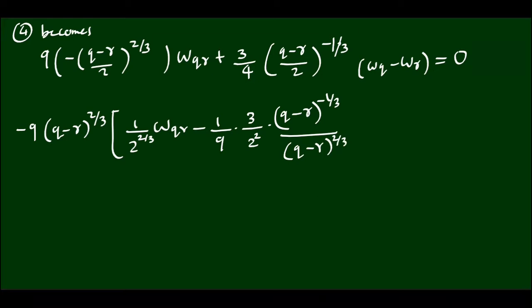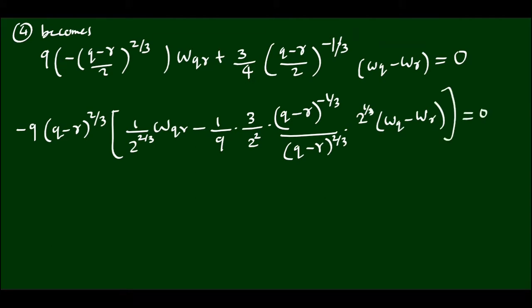So we have to divide the second term by (q minus r) all raised to 2 by 3, and 1 by 2 raised to minus 1 by 3 will become 2 raised to 1 by 3, into (wq minus wr) equal to 0.